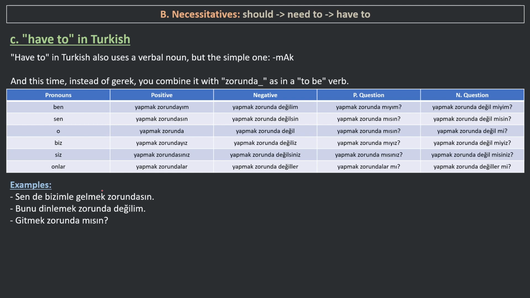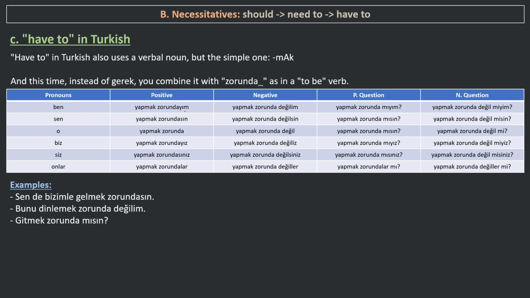You can't put a different ending on mak. That's why we don't use the genitive now. And instead of using gerek, we use zorunda. And zorunda functions in the same way as a to be verb. So this time we are using the to be verb endings.